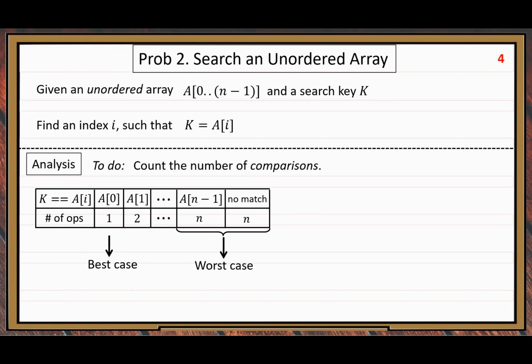The last two cases correspond to the worst case: n comparisons. Two cases, not one. One, you have a match after n comparisons. The second, no match after n comparisons. Two cases for the worst case.